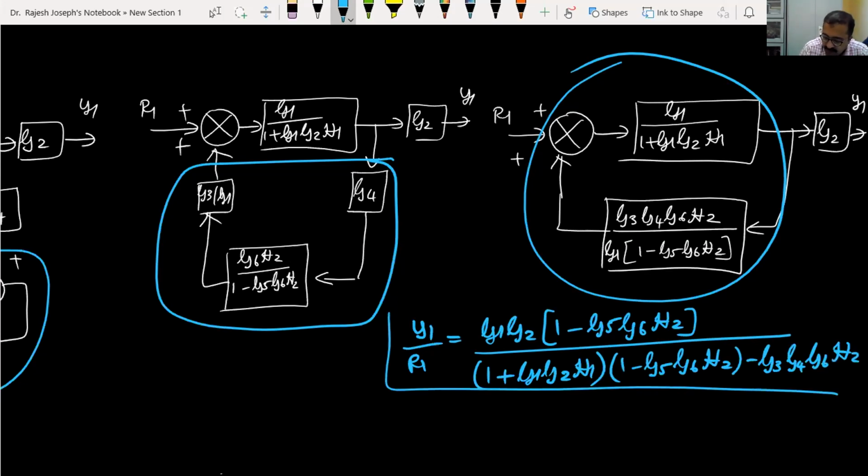Okay, this will be the final transfer function.